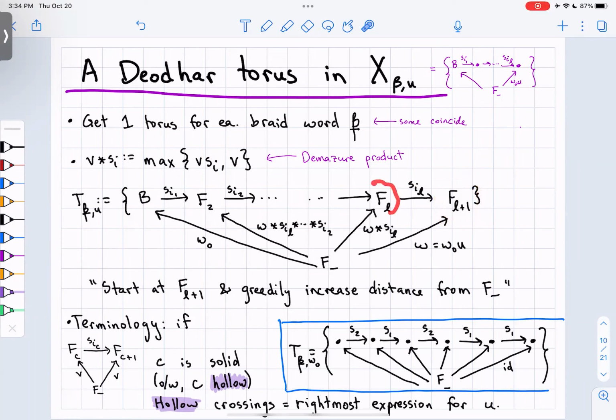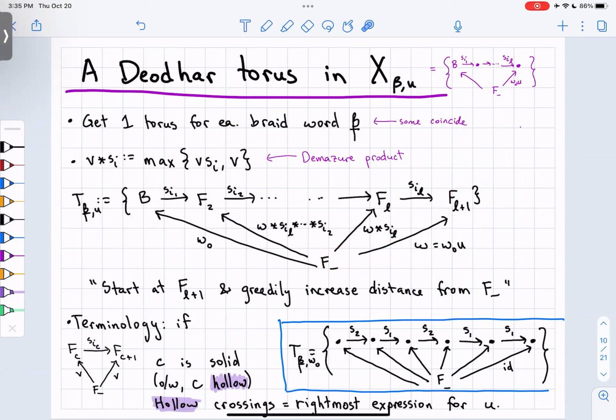Now, if I look at the second to last flag in my walk, I've only changed the i_l subspace. So the only possibility for this position, it could either be w, which was this position, or it could be w times s_{i_l}. And in this torus, I always need to pick the bigger of those two permutations.